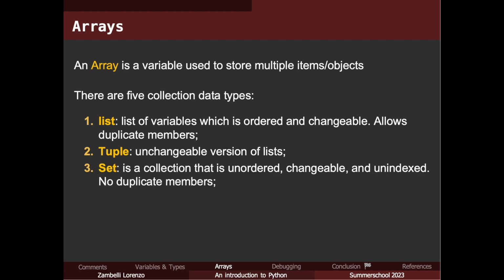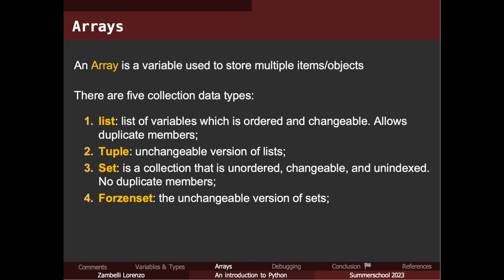Then we have set, which just as in mathematics is a collection of unordered and unindexable members, just the concept that we have in math. Frozen set is the unchangeable version of set.